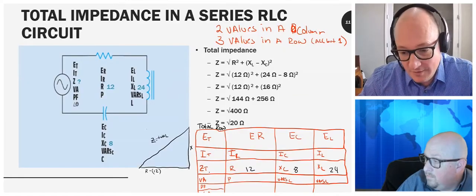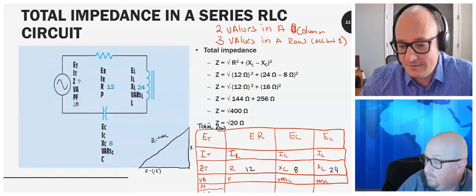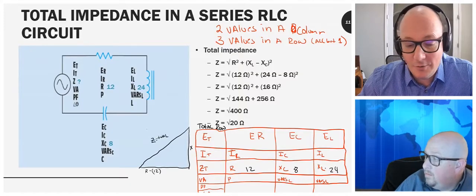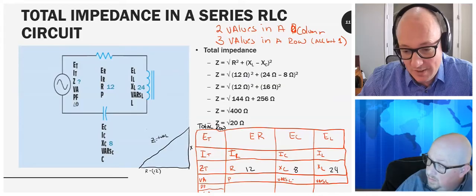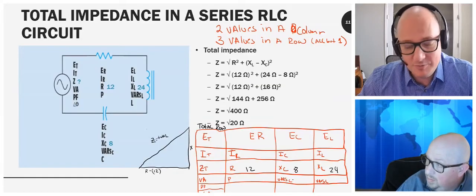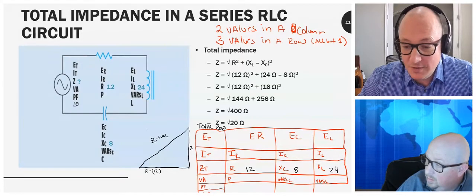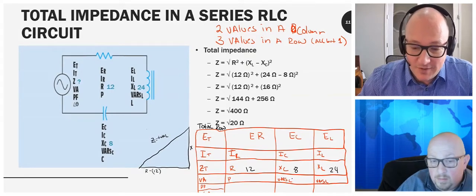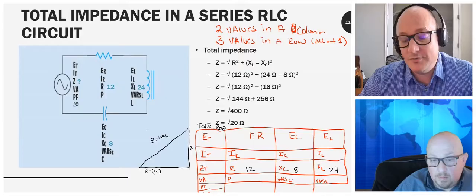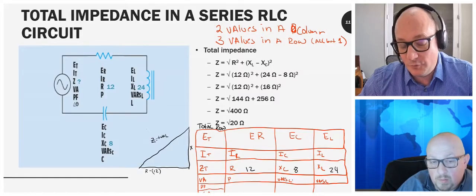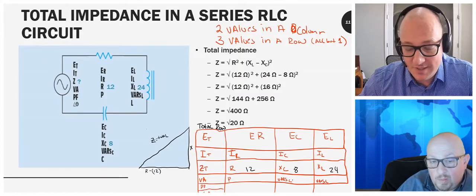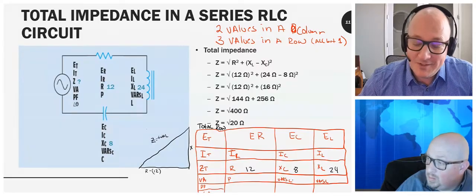I've given you the two legs that form the right triangle. How would I solve for the hypotenuse? That's as simple as a squared plus b squared equals c squared. So that's what we're going to do. But the problem is I don't know how much reactance I have right now. So step one, we said columns and rows.